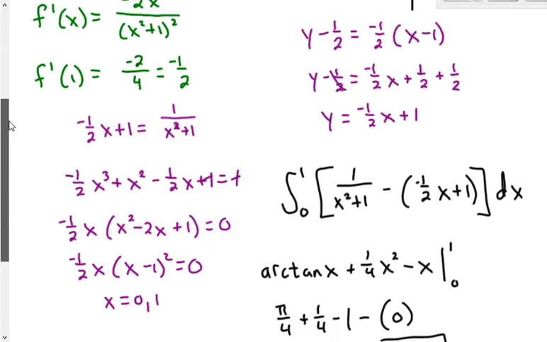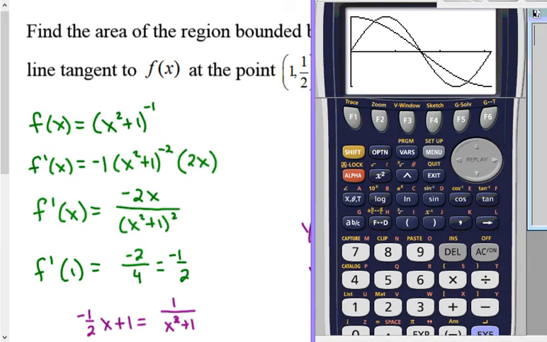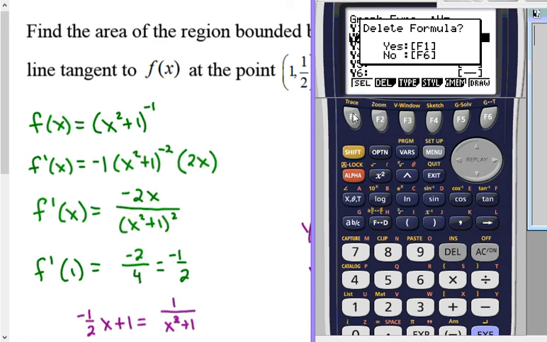Now, again, if this was a with-calculator question, then I would advise going to the calculator. Go in here, graph the function. Graph 1 divided by x² plus 1. I'm going to leave y sub 2 blank for right now.